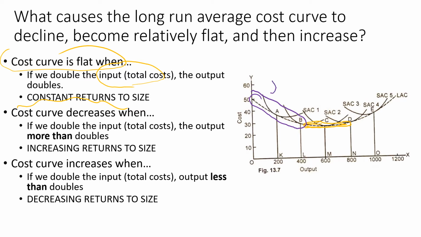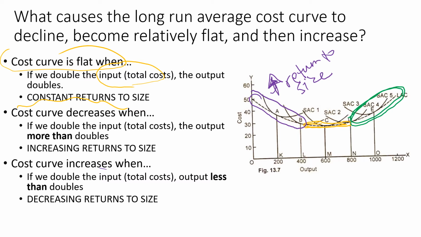So this is increasing returns to scale, and you can just label it on the long run curve. We don't have to do each individual one. And then the cost curve is increasing. So here the long run cost curve is increasing when, if we double inputs, our production less than doubles.